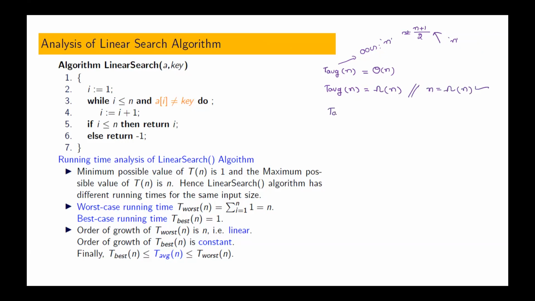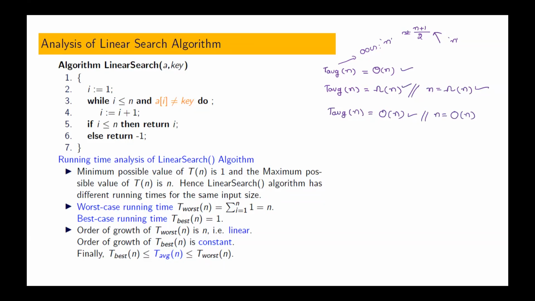Can we write it like this: the average case running time of linear search is big O of n? Yes, this is also true. Why? Because the order of growth is n, and n is big O of n holds.